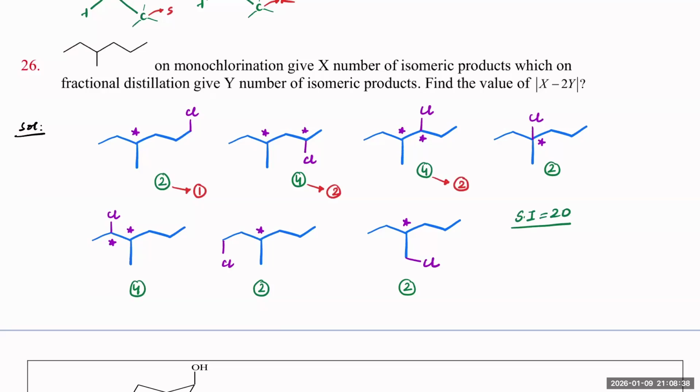There are two enantiomeric pairs there. Here also, I'll get one. Here, I'll get two. Here, I'll get one. Here, I'll get one. So 2, 3, 5, 6, 7, 8, 9, 10. The number of fractions we get is 10. So 20 minus 20, what is the answer? 0.